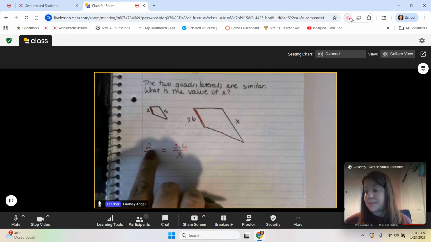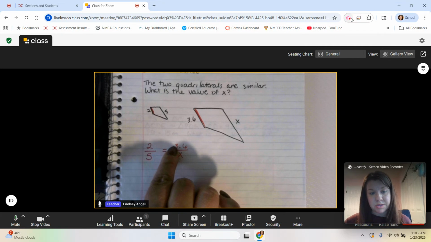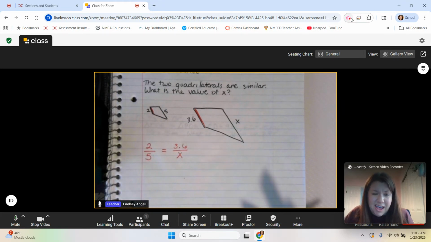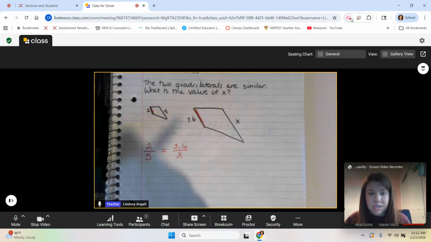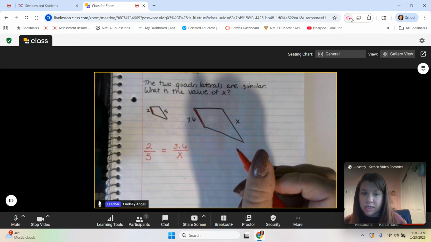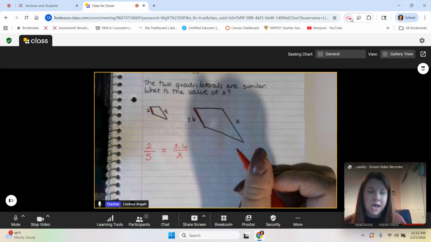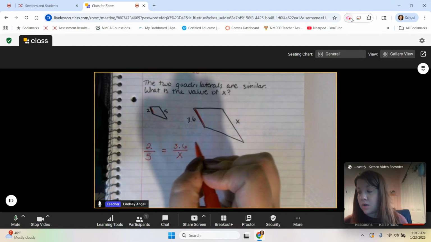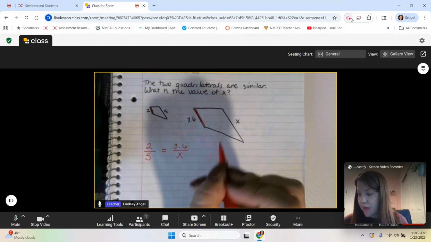Sometimes you might be able to see how I jumped from one side to the other, kind of treating them like equivalent fractions. In this case, I don't know what I need to multiply 2 by to get to 3.6. So I'm going to use the foolproof way of cross multiplication. This is discussed in your lesson as well, but they use variables, so just be aware of that.